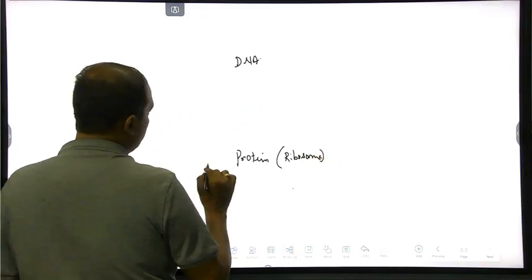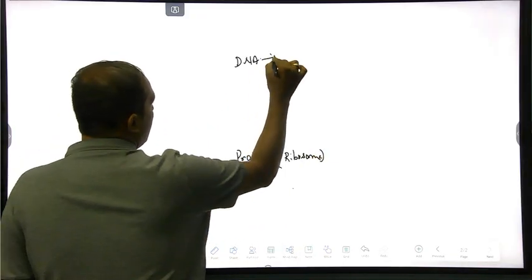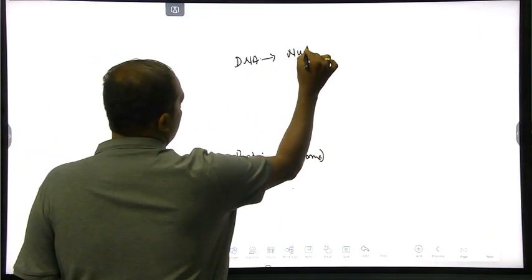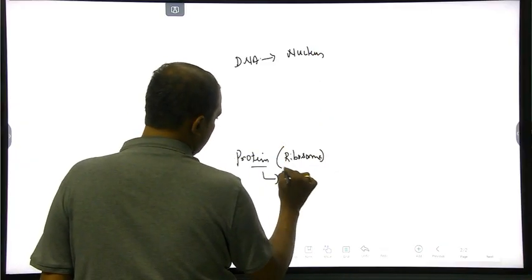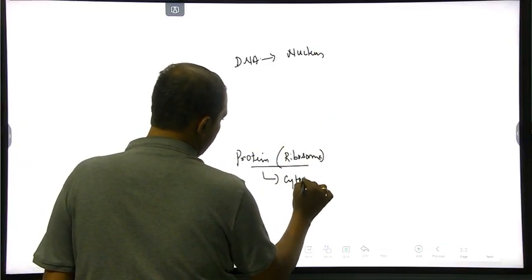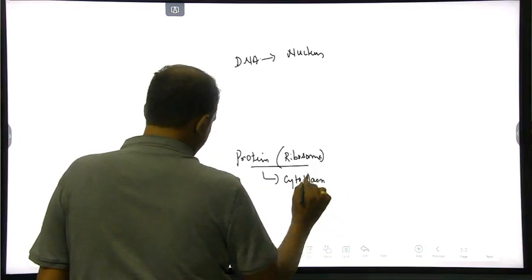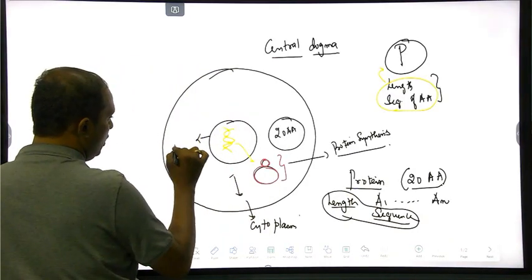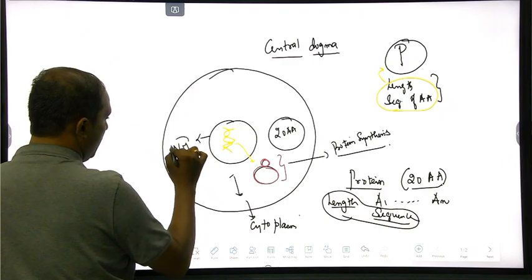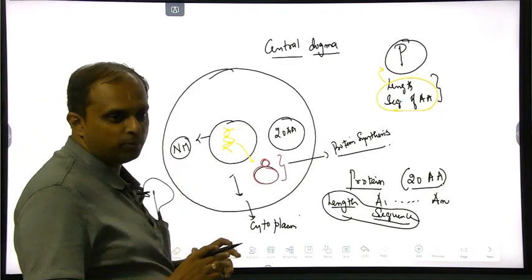So DNA to protein. Now DNA is inside the nucleus, and protein synthesis happens in the cytoplasm. And if you look at this previous slide, the nucleus is surrounded by something called the nuclear membrane. Hope things are clear.